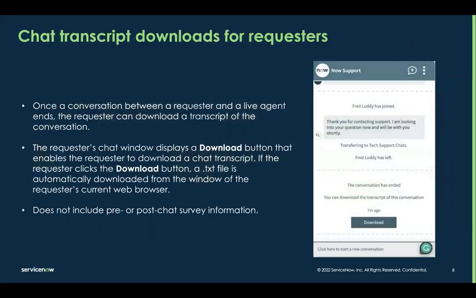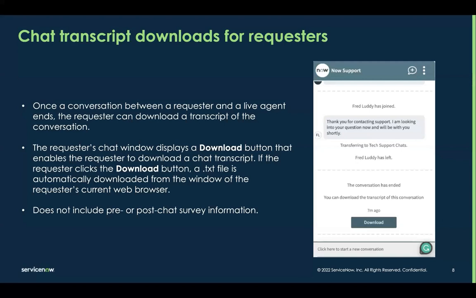Now, the third scenario is allowing requesters to download the transcripts. For this, there is a configuration required to activate the downloadable transcript, to make the download button available in the chat window for the requester. This happens only when the conversation has ended.